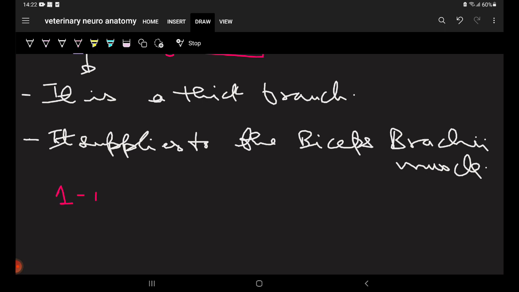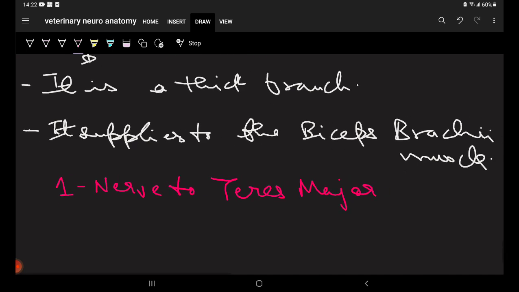Now next, one nerve to teres major. Okay, one nerve to teres major.